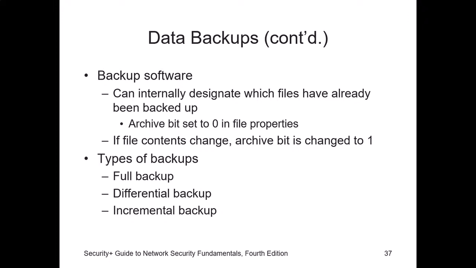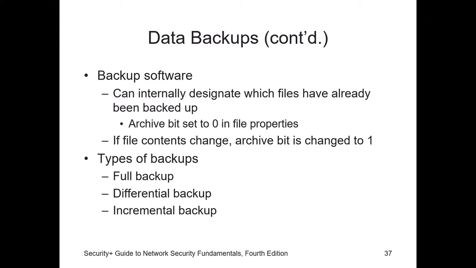Before we get into that, let me explain something to you first. When you save data on the hard drive, every single file will have an attribute next to it called the archive bit, and it turns on. It has a 1 next to it. If the archive bit is 1, it's telling you that this file has not been backed up.